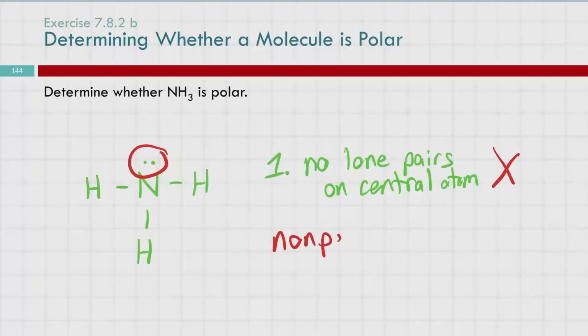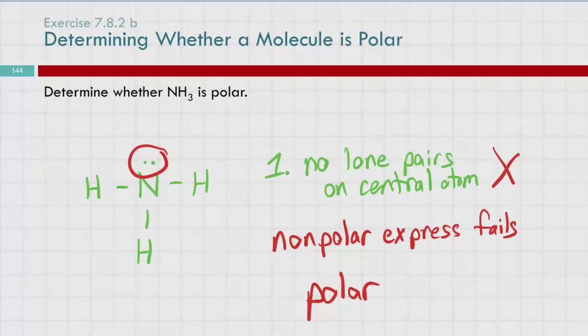So on point 1, the nonpolar express fails. So it is polar. There's another check that we should be doing before we even do the nonpolar express, and what is that check? Any ideas? Are the bonds polar?